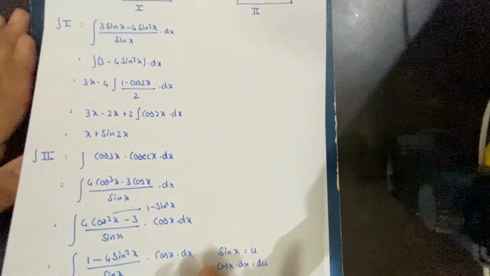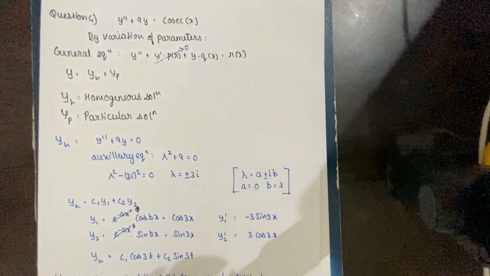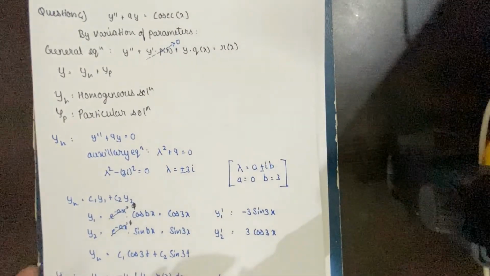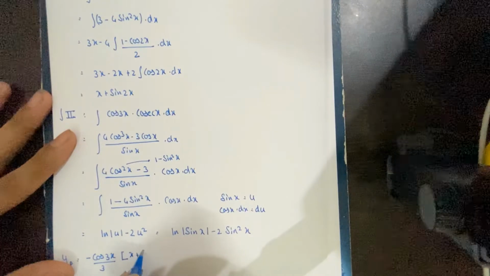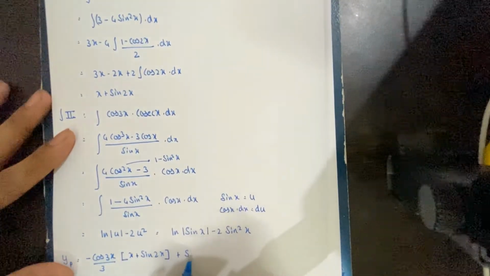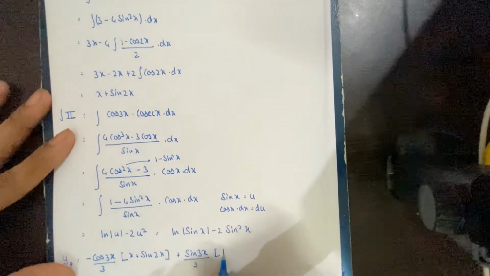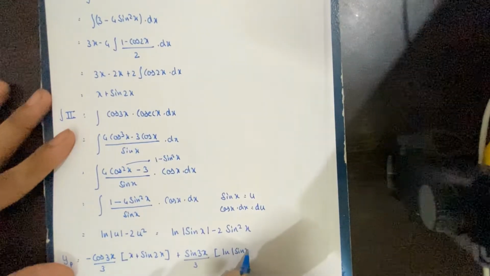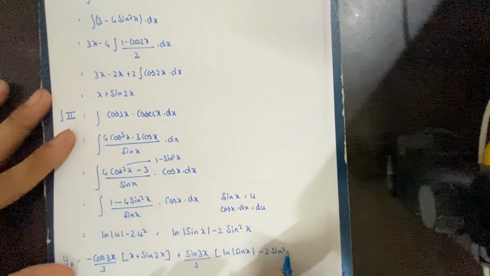So we got yp as minus cos 3x by 3 times x plus sin 2x, plus sin 3x by 3 times natural log of sin x minus 2 sin square x.